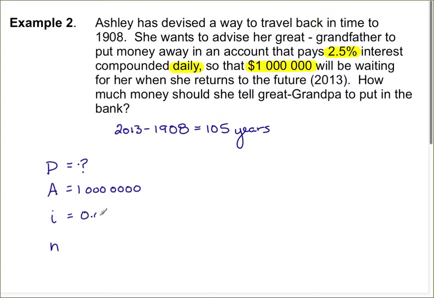I is 0.025, but this says it's compounded daily, so the number that goes with daily is 365. So divided by 365. Now our N is 105 years, but it's compounded daily, so I have to multiply that by 365. Now that's going to be a big number.